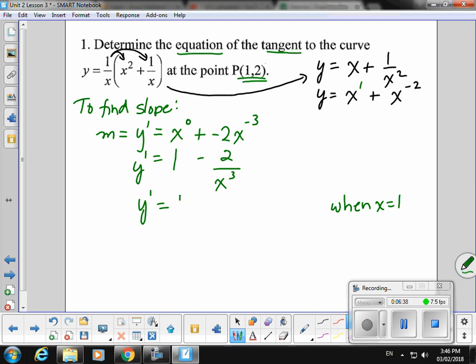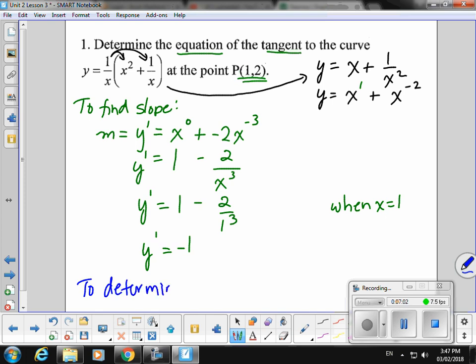When x equals 1, I have 1 subtract 2 over 1 cubed, which is negative 1. So the slope of my tangent is negative 1 when x equals 1. So I want to determine the equation.